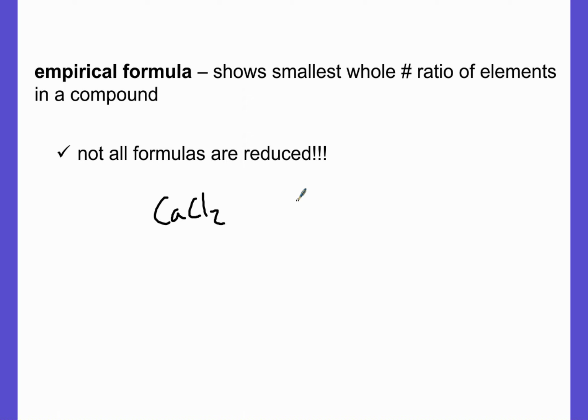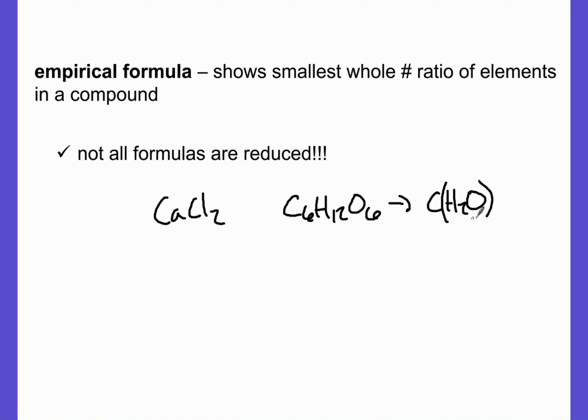Whereas covalent compounds possibly could be reduced, because glucose, remember, could be reduced down to one carbon, two hydrogens, one oxygen. All sugars reduce down to this form. In fact, that's why they're called carbohydrates. But that's the difference.